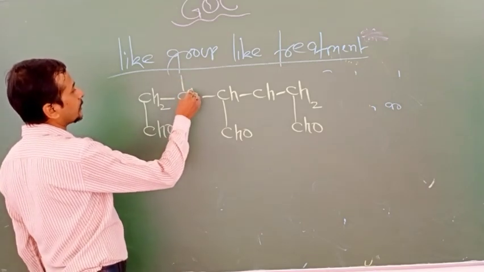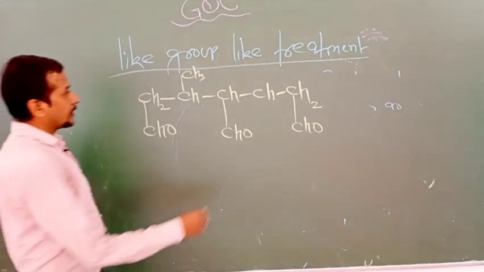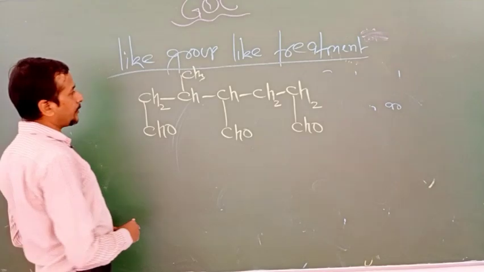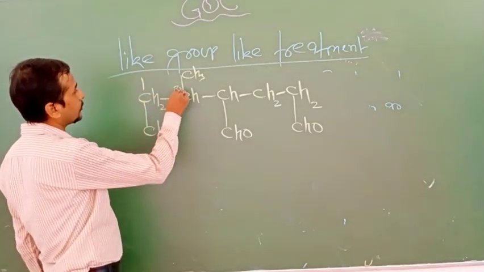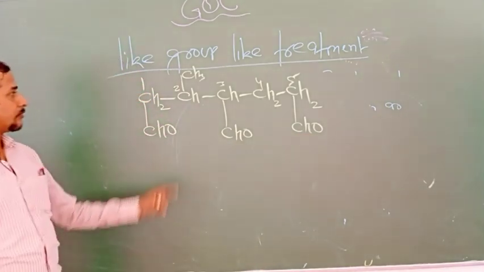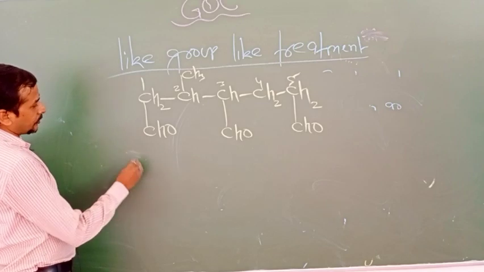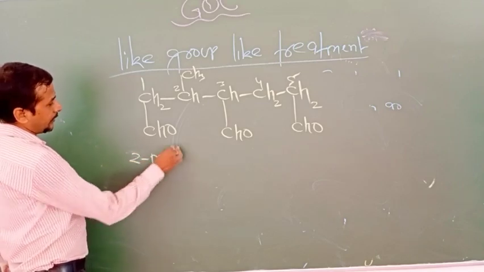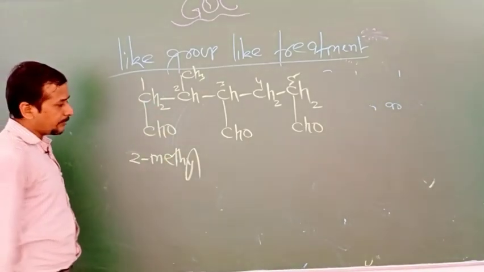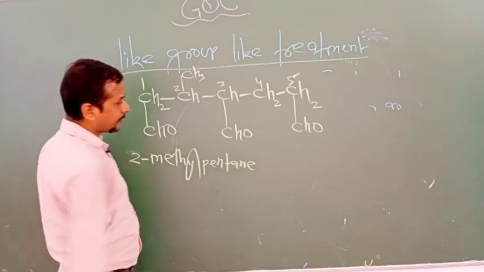Now this CH contains CH3. Here also balance this carbon. Now again numbering can be done 1, 2, 3, 4, 5. So here 2-methyl is the side chain. You can write 2-methyl. Now 5 carbon. So 5 means pent. They contain single bonds, so we can write pentane.